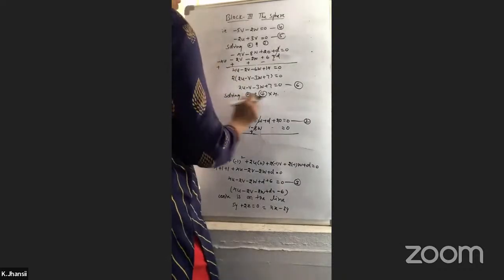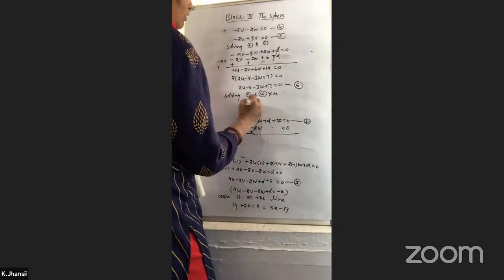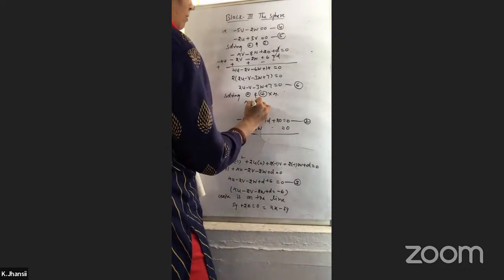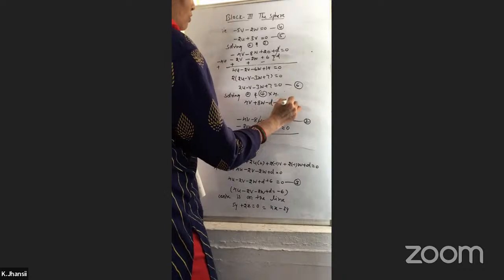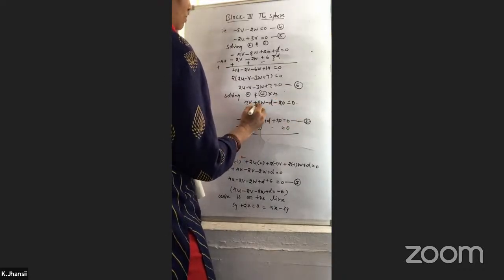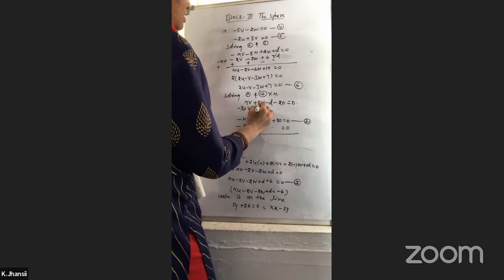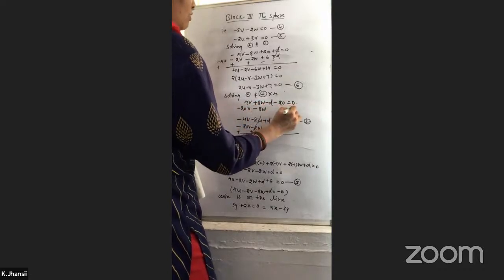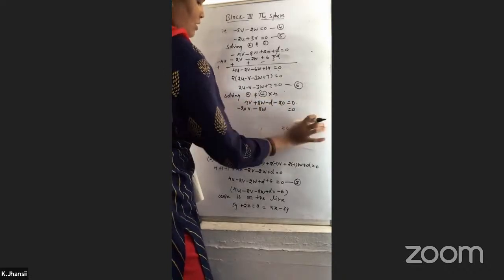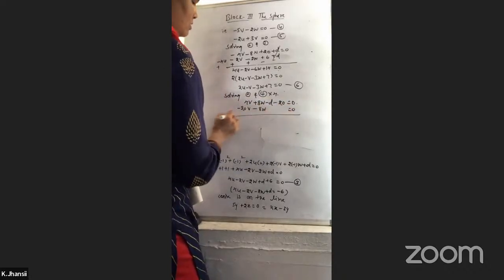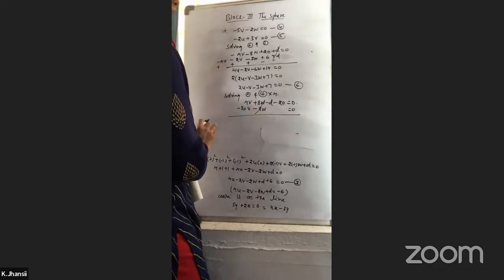You take the other second equation. One more second equation was what? 4V plus 8W minus D minus 20 equals to 0. And this is minus 20V, okay, minus 8W equals to 0. Okay, that second equation you take, then the lengthy process you will not get. So both directly you can cancel them.